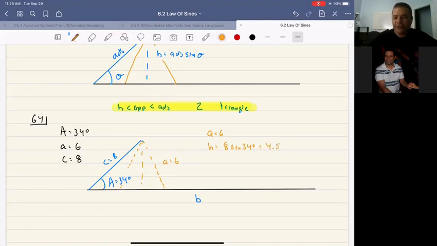So we're going to round that to 4.5. So a is between c and H. So we're going to have two triangles. Oh, that means we're going to have to resolve two things.